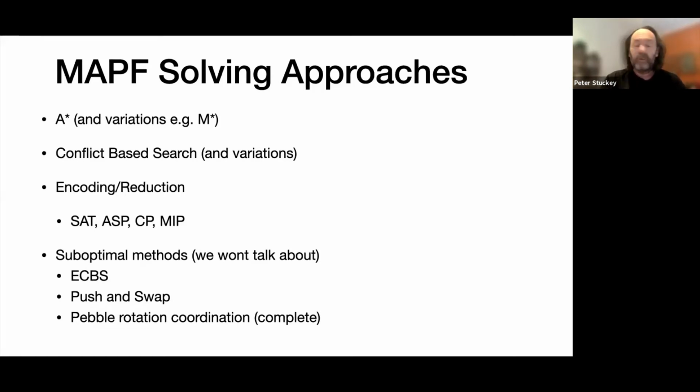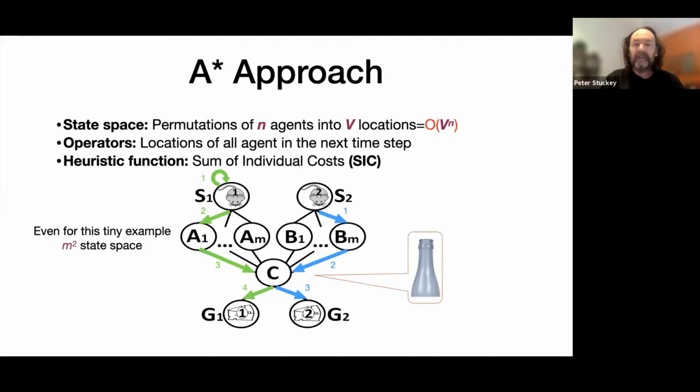And otherwise, these push and swap style methods, which I talked about briefly, are polynomial time, but give you extremely bad solutions. And interestingly, even though they're polynomial time, we have faster solutions using some of the methods I'll talk about today. So you've got to remember that asymptotic complexity doesn't necessarily tell you everything about what's going on in the problem.